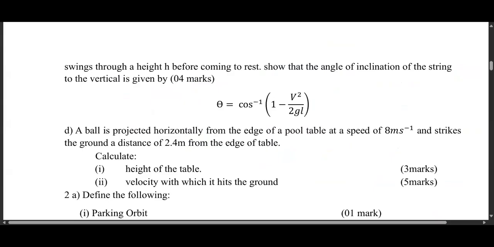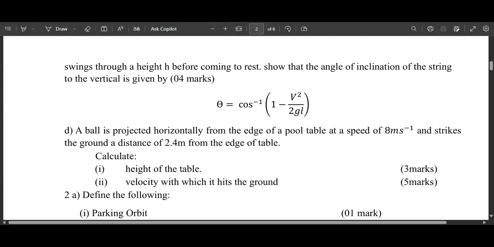As this ball is going to be hitting the ground, it will hit the ground with a velocity in the horizontal and a velocity in the vertical, and these two components will end up giving us the resultant velocity.